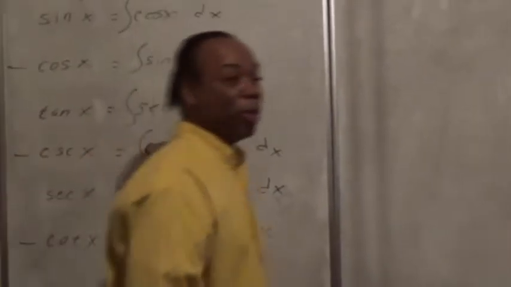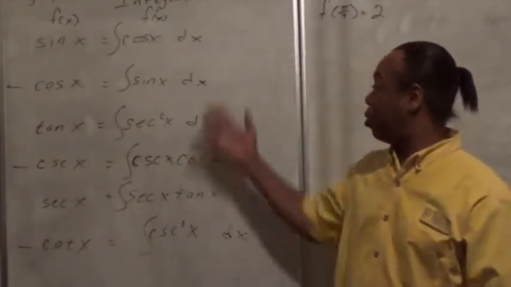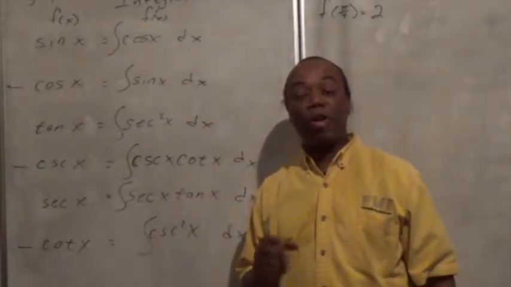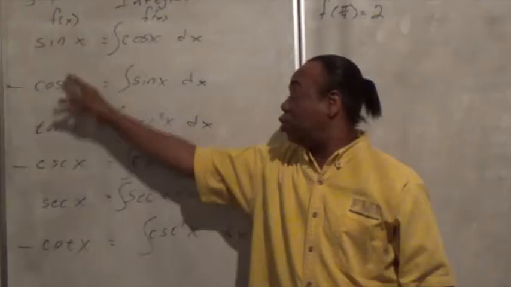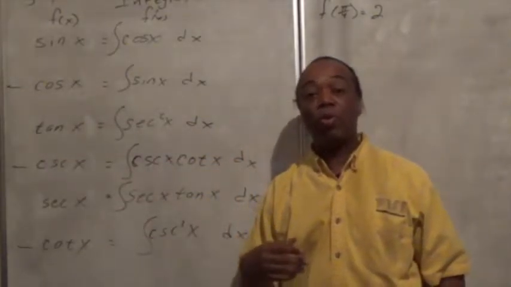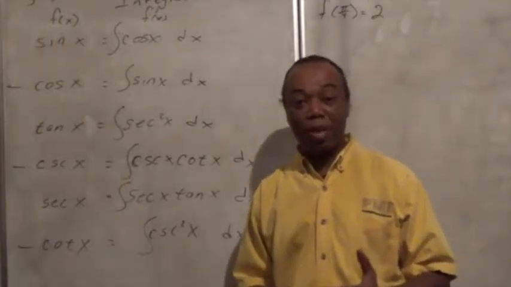Okay. Now, one special note, these antiderivatives here, or the integrals here, are indefinite integrals, are indefinite because they do not take you back to the parent function. What they take you to instead is the family of functions.